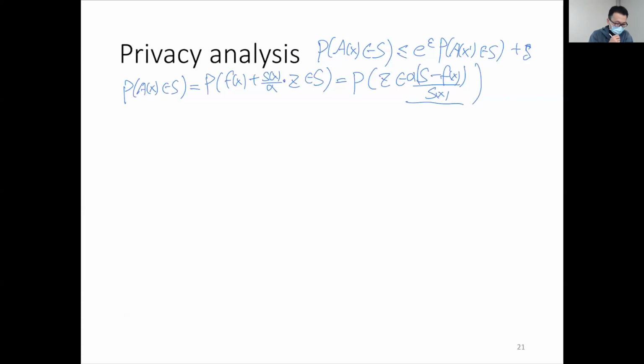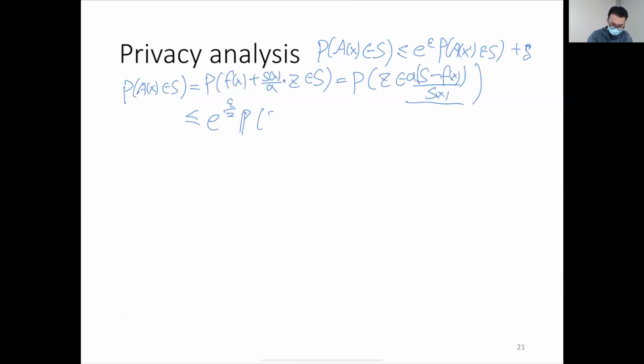Well, I argue that we can now apply the translation property by getting this inequality.